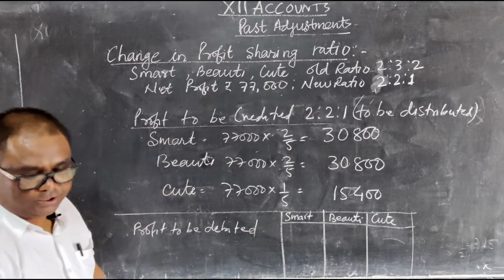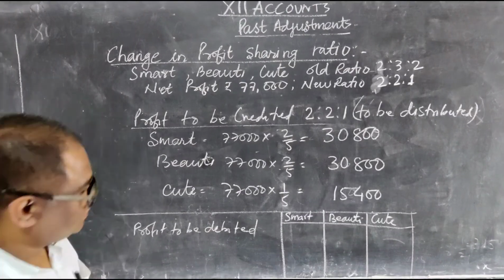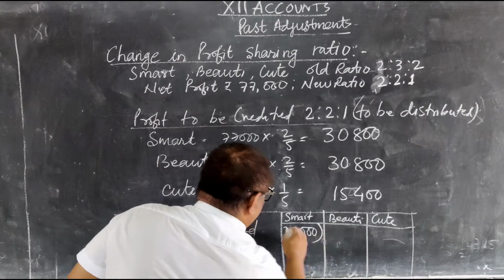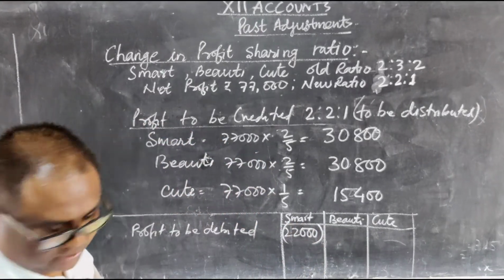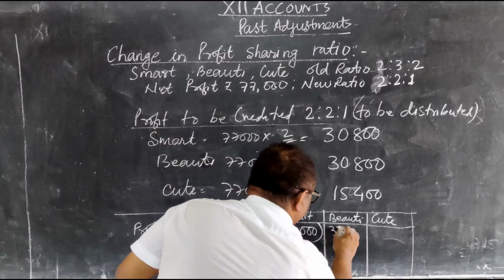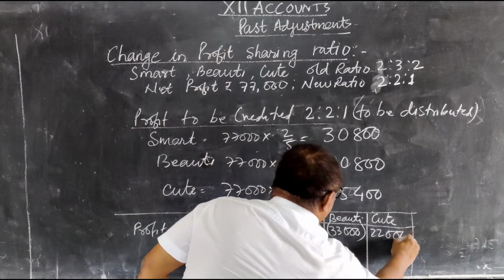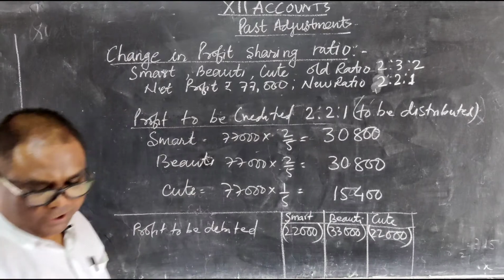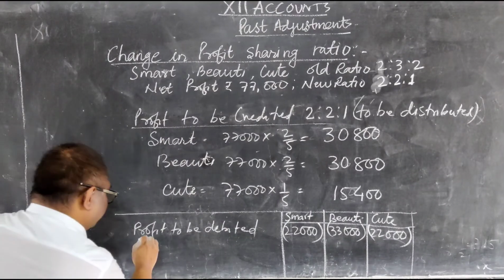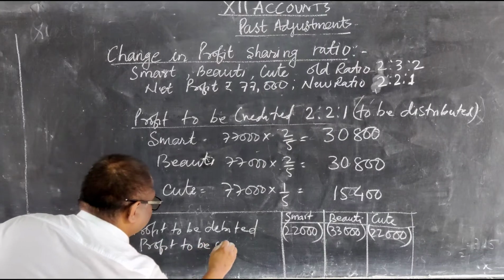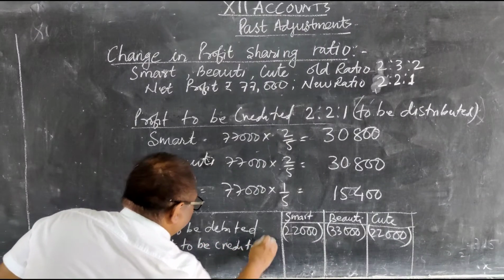How much profit to be returned back or debited? 22,000 to be debited minus, 33,000 minus, and 22,000 minus. Now profit to be credited.